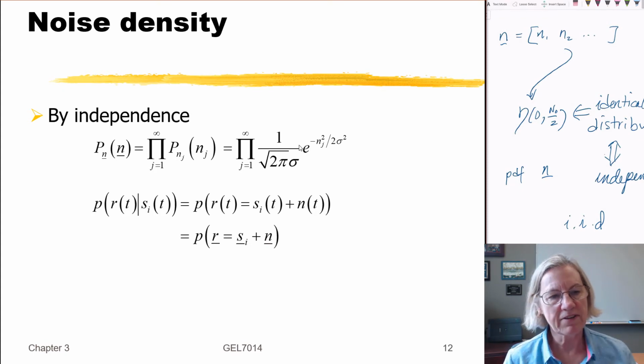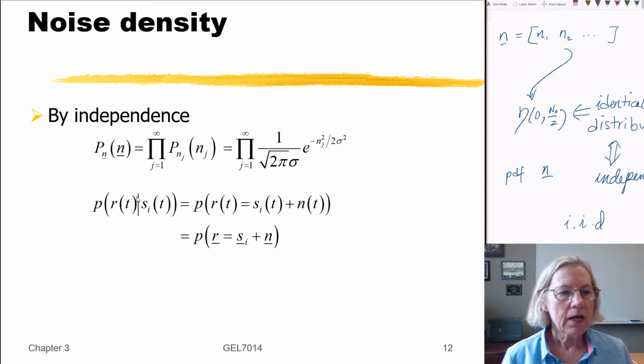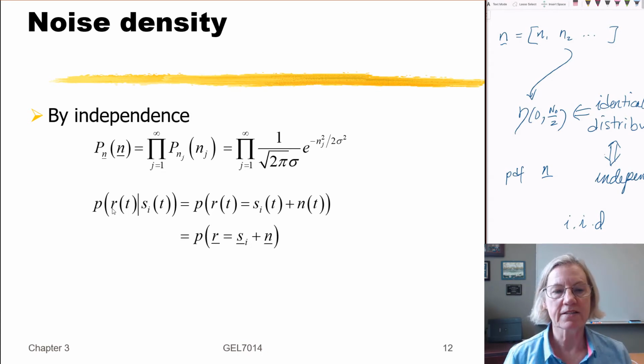We can simplify it, but before we go on to simplifying it, let's say again that what I needed in the beginning was to look at the probability density of the received vector given that I know which symbol is sent. That is saying, what is the probability of the received vector being equal to the symbol vector that I assume I sent, plus this noise.